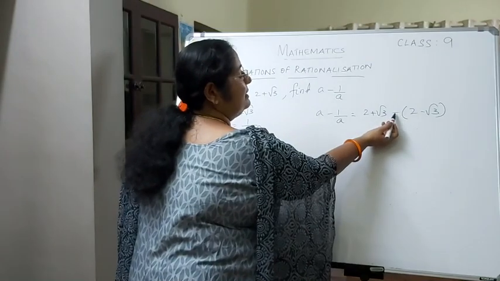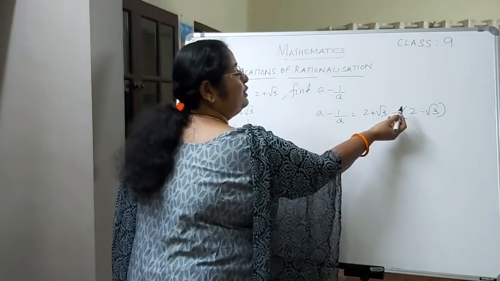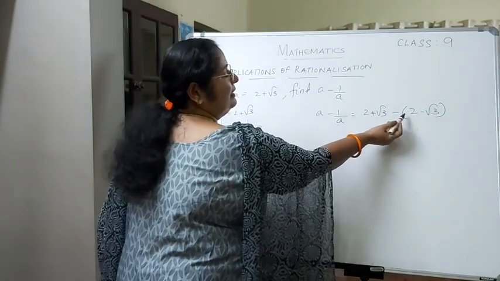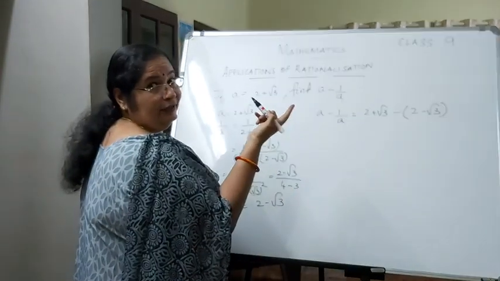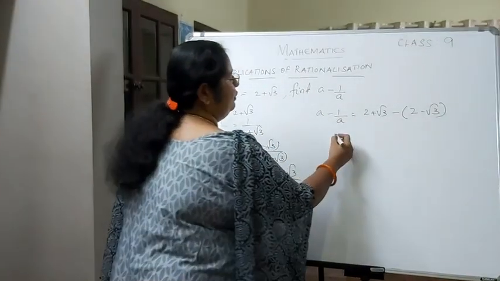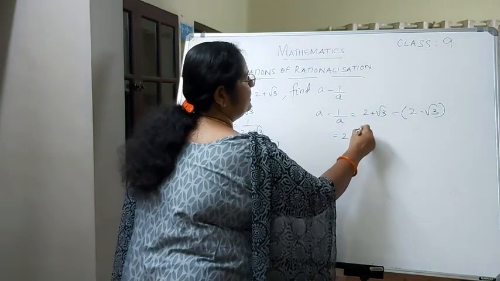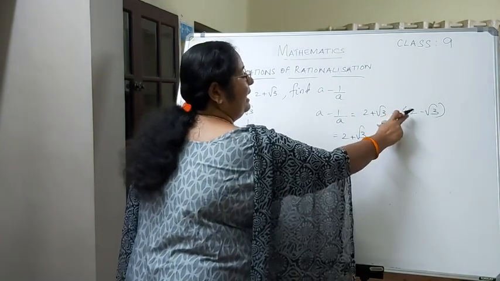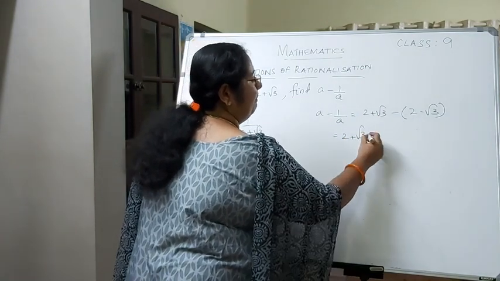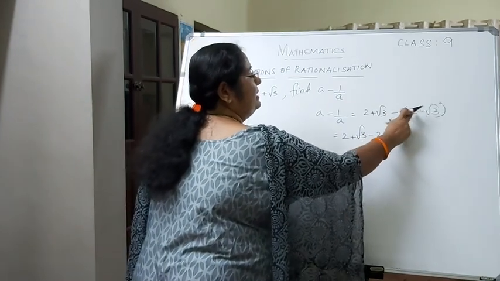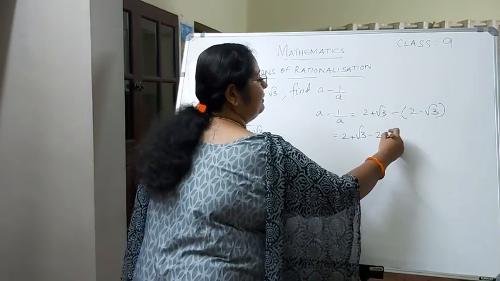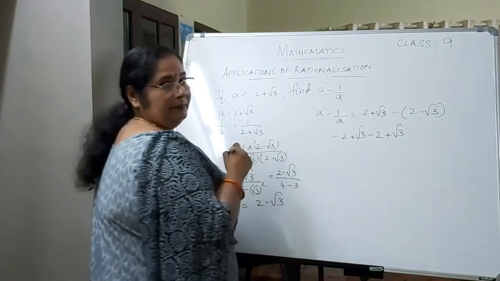Here the minus is coming outside the bracket, so when you open up the bracket, the sign changes for the terms inside. So this will be equal to 2 plus root 3. Opening the bracket, this plus 2 will become minus 2, and minus 3, here also minus, so it becomes plus root 3.